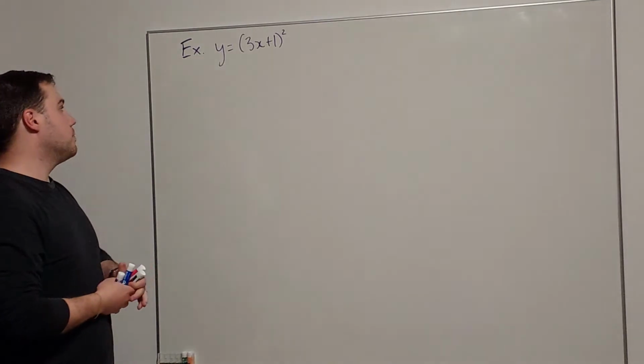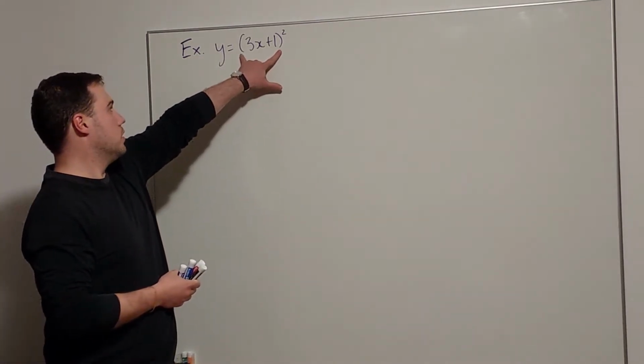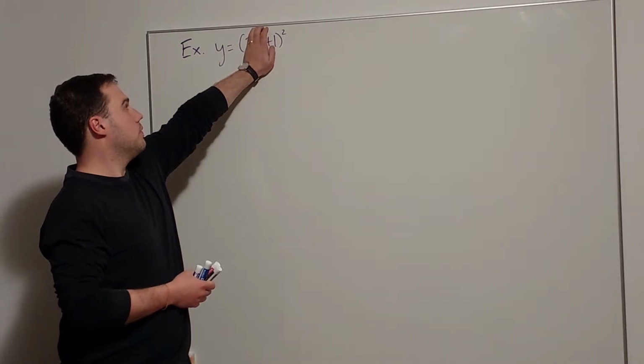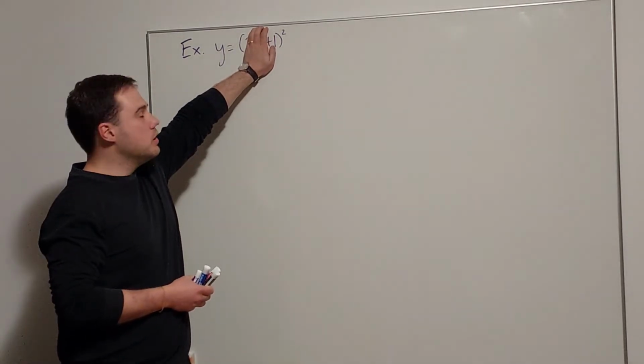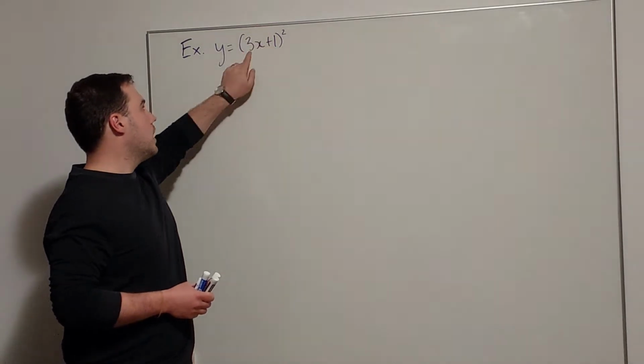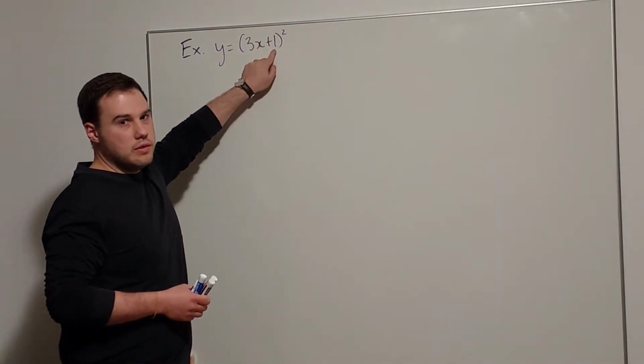Alright, so here we have the brackets or the parentheses on the outside squared. So we have our squaring function, and instead of just having x being squared, we've got this other function, 3x plus 1, being squared.